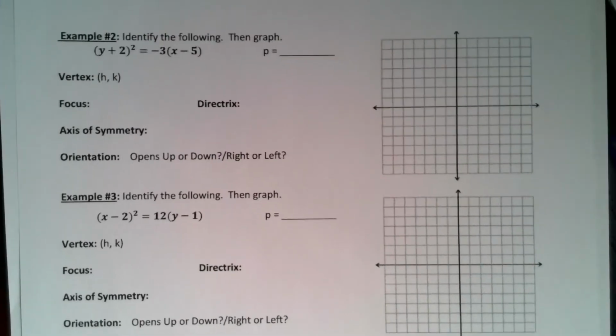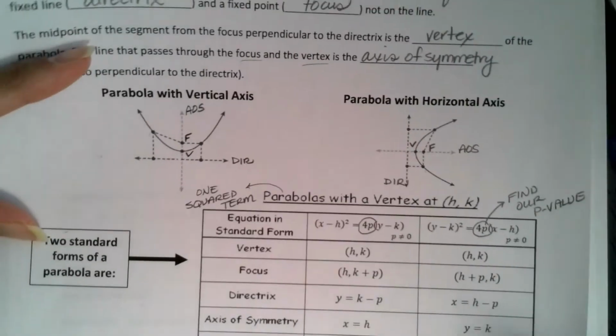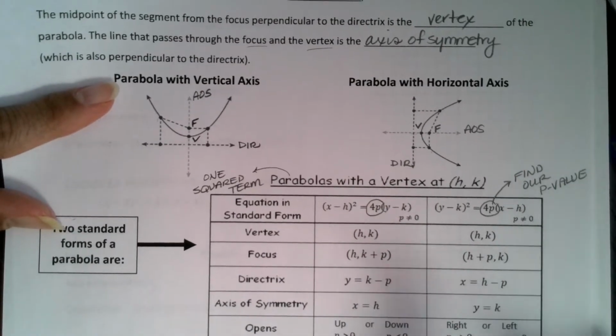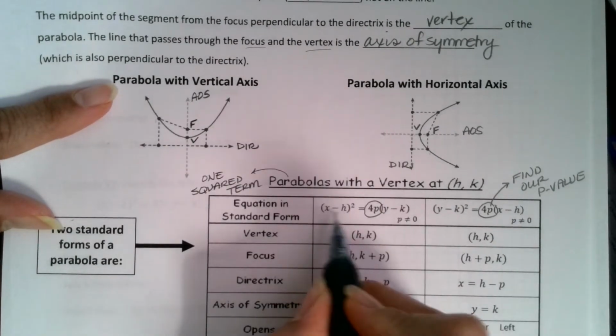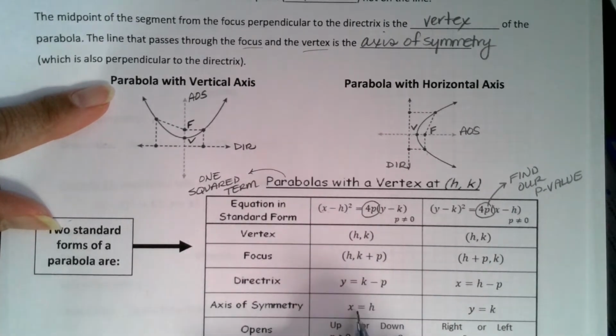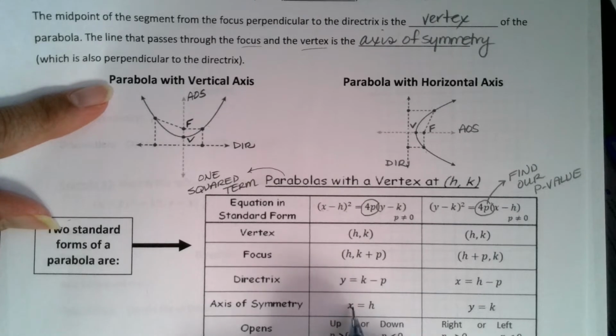Well, the first thing we need to make sure we do is learn our formulas, okay? Not necessarily memorizing it, but maybe just getting acquainted with the fact that the x squared term will yield a vertical axis of symmetry because of its x equal.